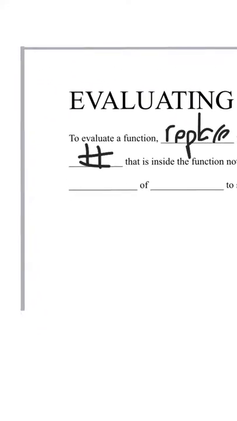So whatever number is inside the parentheses, we're going to replace the variable with that number, and then we're going to use order of operations to simplify it.